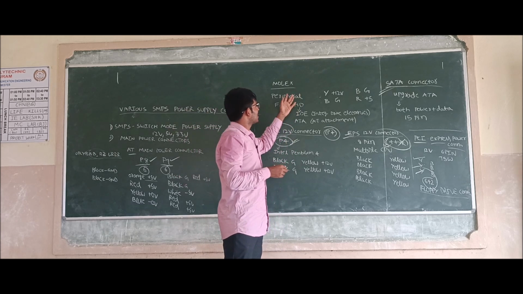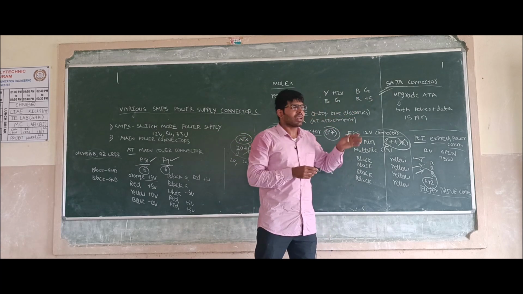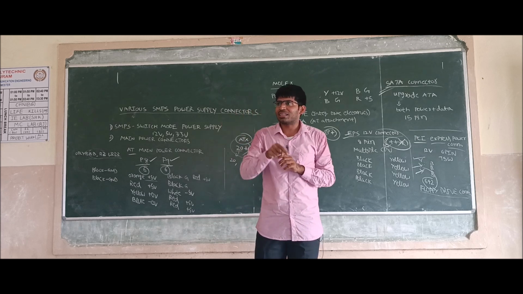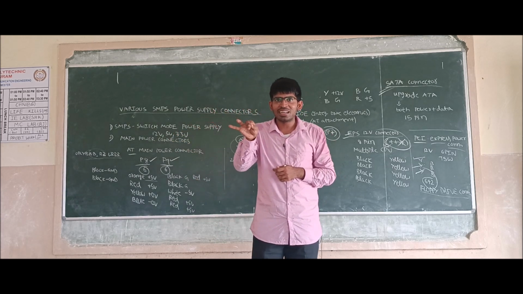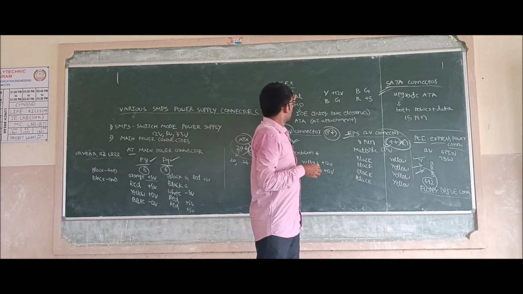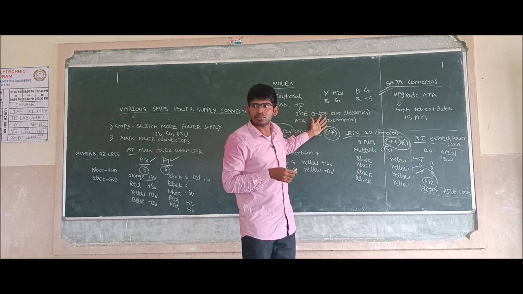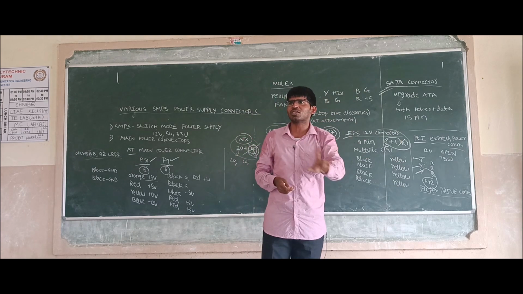Right. Next we discussed the SATA connector. We are calling this Molex connector an ATA connector. ATA means advanced technology. SATA means serial attachment. Molex power connector, how many pins? 4 pins. In these 4 pins, 12 volts is also there, 5 volts is also there.